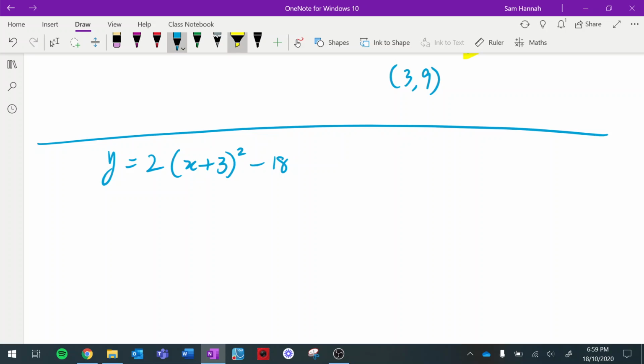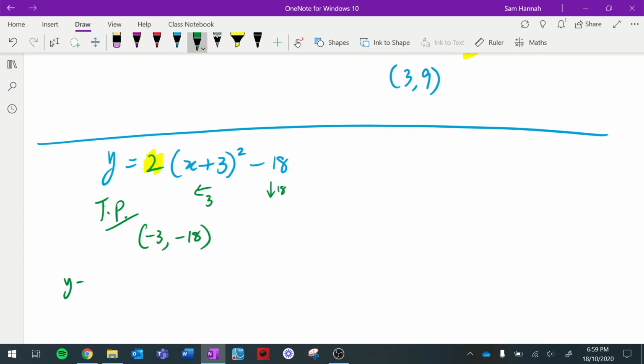You also notice the 2 out the front means that this graph is skinnier than an original parabola graph. The first thing we'll therefore note down is what the turning point is. The plus 3, remember, makes it go in the negative 3 direction, and minus 18 makes it go down 18. So what we're dealing with here is a turning point at (-3, -18).